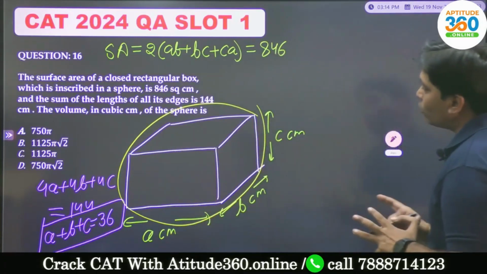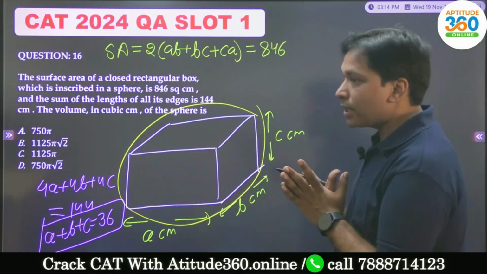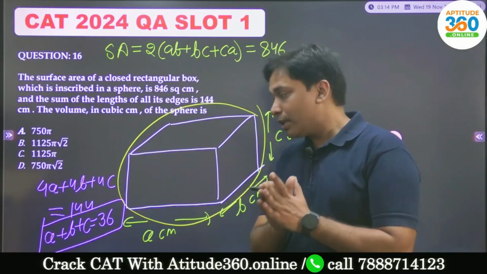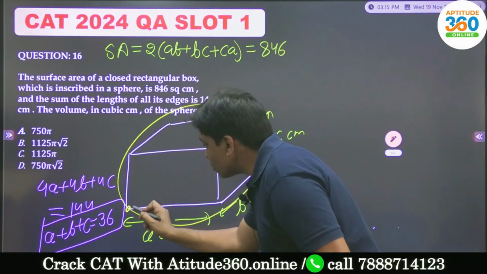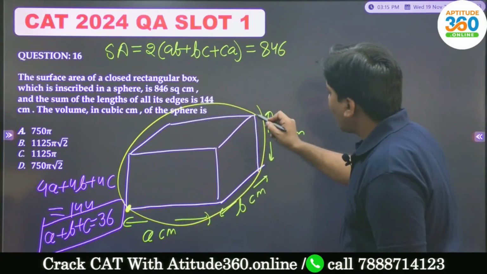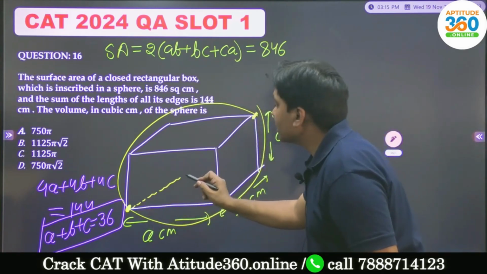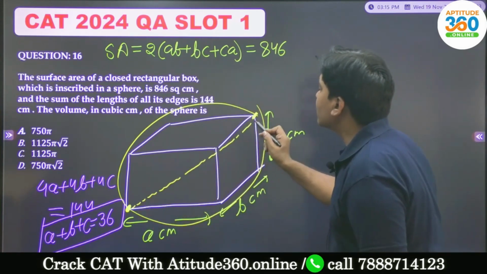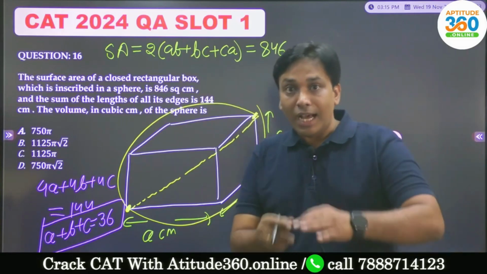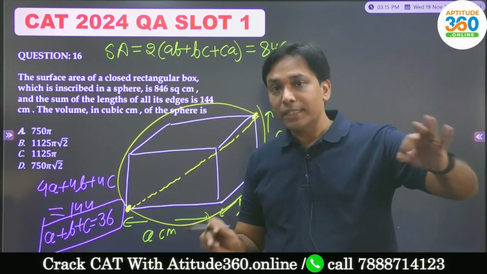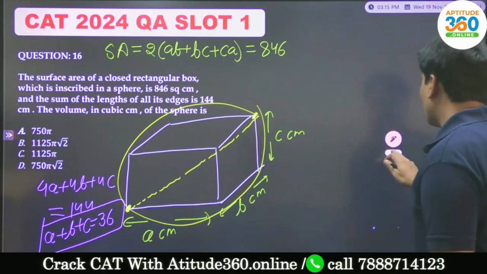So how do we find out length of the largest diagonal of this rectangular solid? If you take this vertex out here and this vertex out here, and this length out here is going to be nothing but length of the largest diagonal, right? How do we find it out?